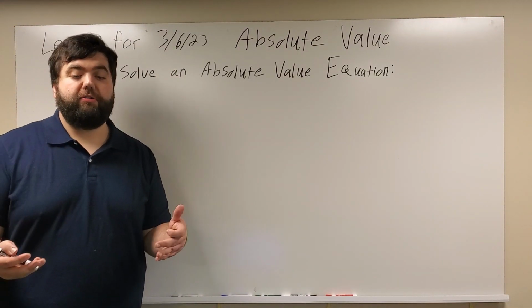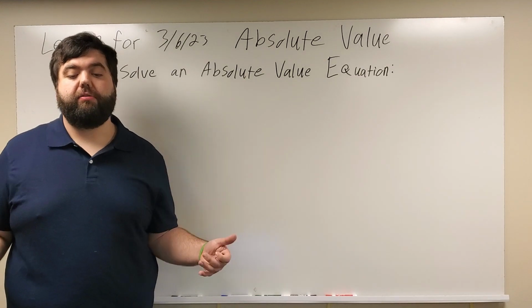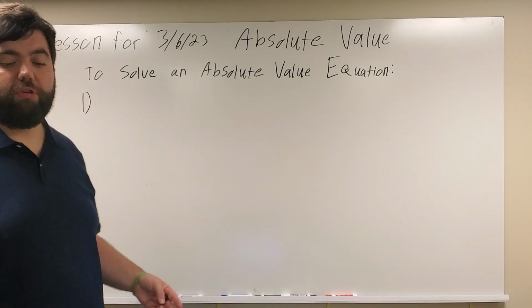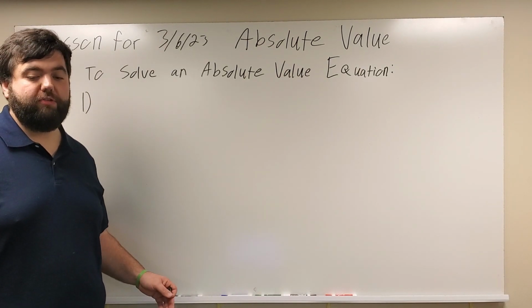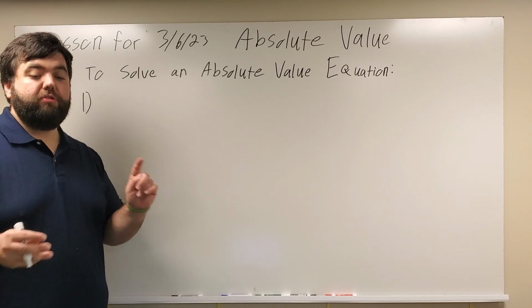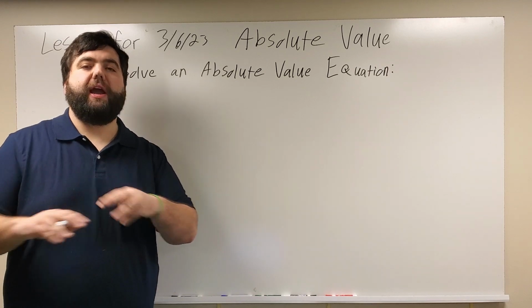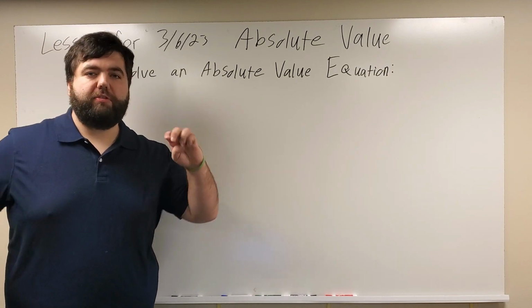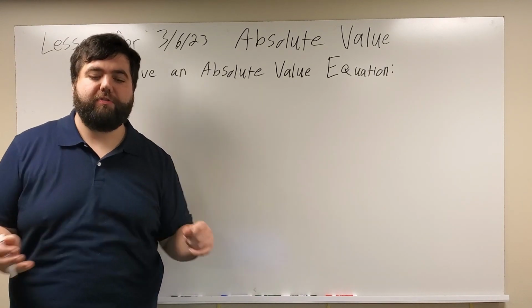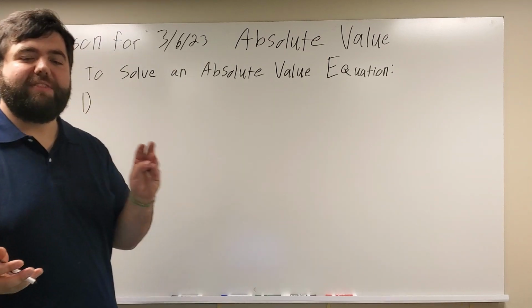All right, so now you should be on that page and you're seeing the 3 steps on how to solve an absolute value equation. First things first, just like when we solve for anything, variables and so forth, what's the first thing we always do? We have to isolate.